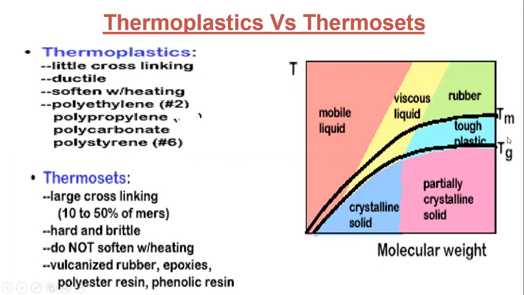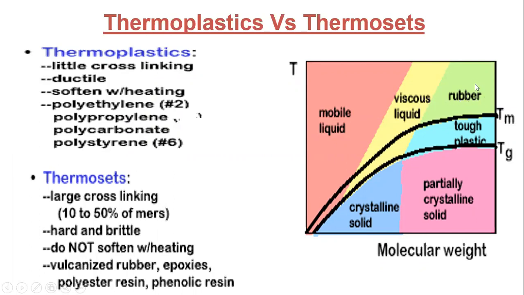But when it comes to the glass temperature, the temperature becomes constant and the molecular weight becomes very high compared to temperature. So it shows the different phases of the structure. First one is the mobile liquid, second one is the viscous liquid, and last one is the rubber. So these are the different types of phases.